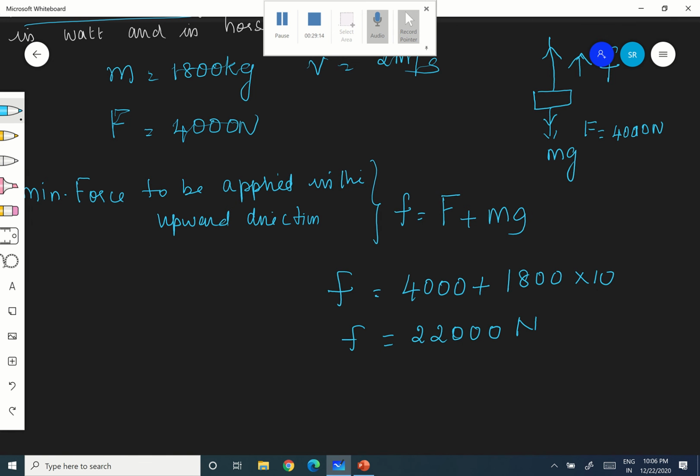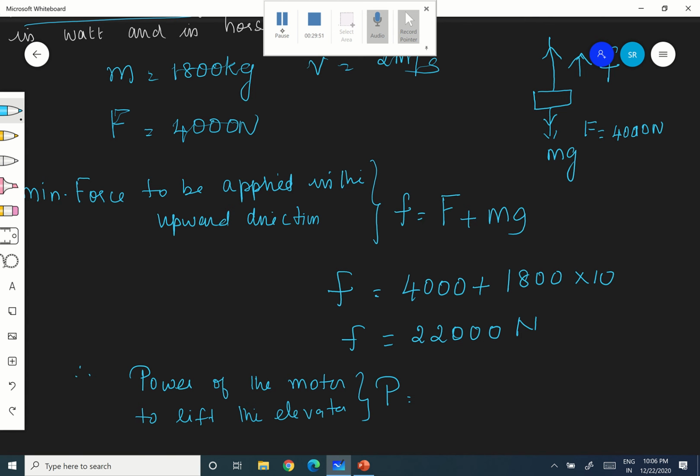Power required by the motor to lift the elevator is nothing but force times velocity.